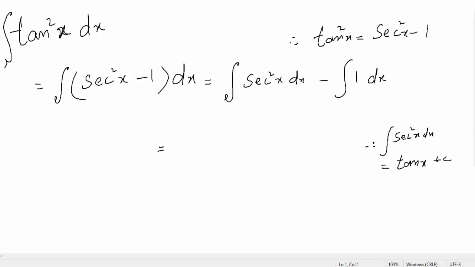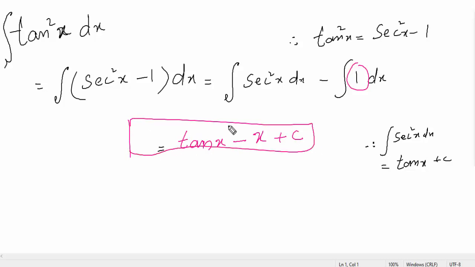So here I will write tangent x minus integration of 1, which is x, plus c. So this is the answer of this given question. This is the answer. Very simple solution.